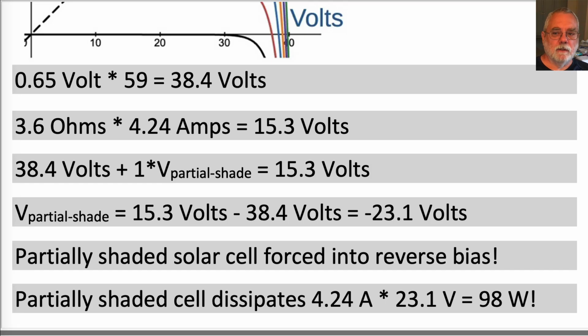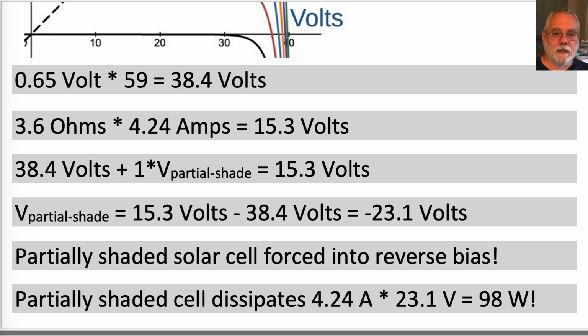Still assuming a fixed load resistance of 3.6 ohms, with 4.24 amps and minus 23.1 volts reverse bias, the partially shaded solar cell is dissipating 98 watts. It is no longer sourcing power to the load, it is dissipating power.